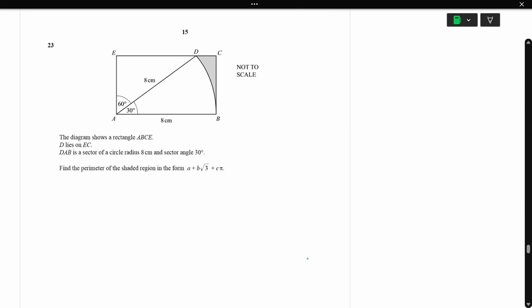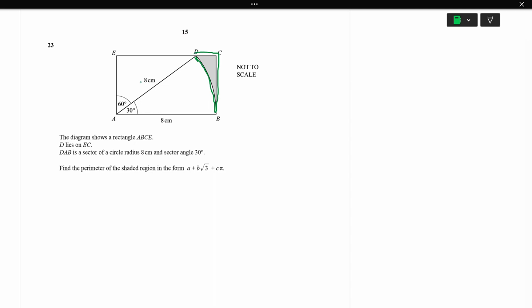Next question 23. The diagram shows a rectangle ABCE. D lies on EC and DAB is a sector of the circle, radius 8 centimeters and sector angle 30 degrees. Find the perimeter of the shaded region. So we need this length plus this length plus DC.